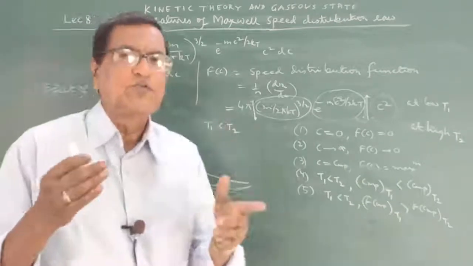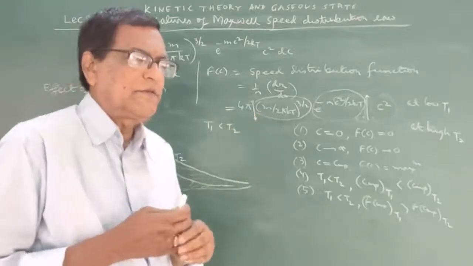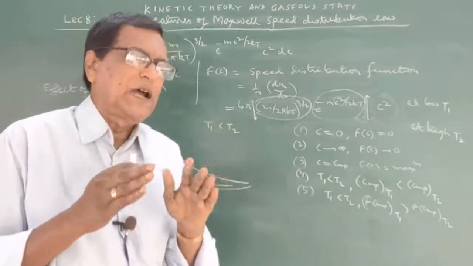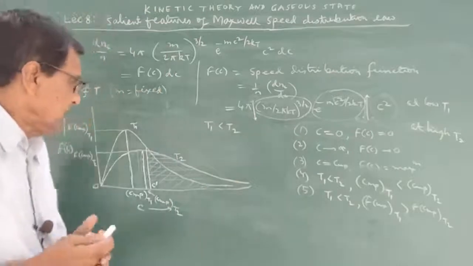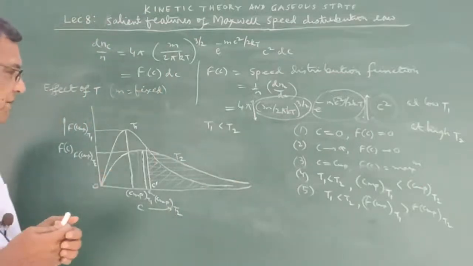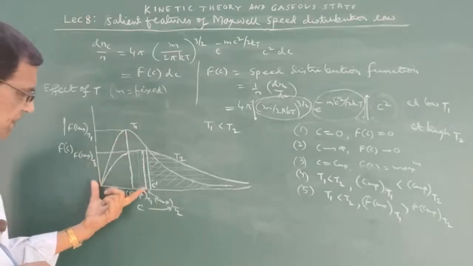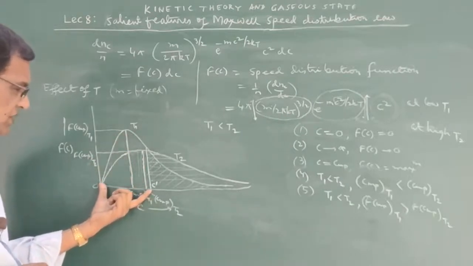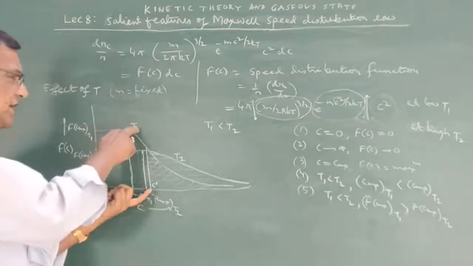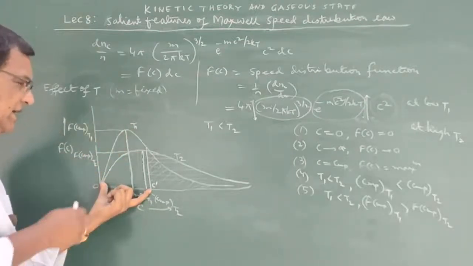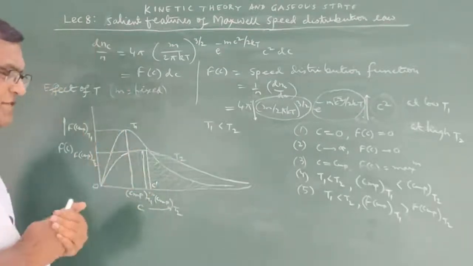Actually, more molecules will get speed higher than C dash. And similarly, you can say that the fraction of the molecules having the speed 0 to C dash is greater at T1 and less at T2 temperatures.